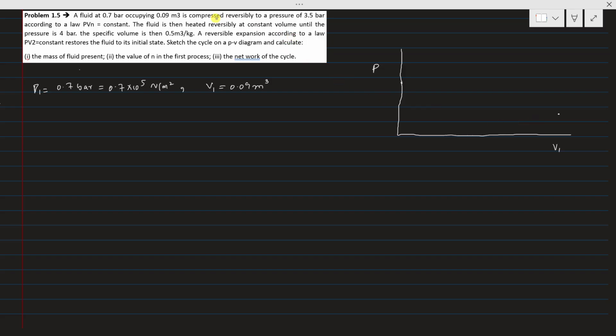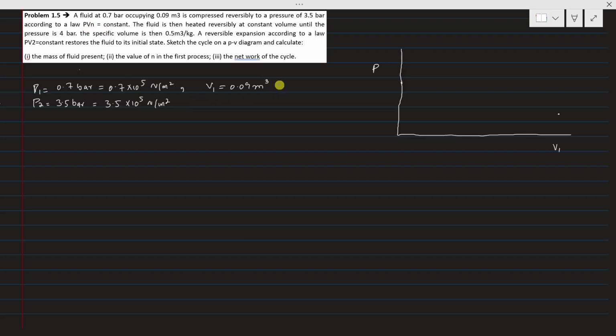The fluid is compressed reversibly to a pressure of 3.5 bar. The next pressure after compression is 3.5 bar, which means 3.5 multiplied by 10 to the power 5 Newton per meter square, and it followed the law PV^n equals constant.